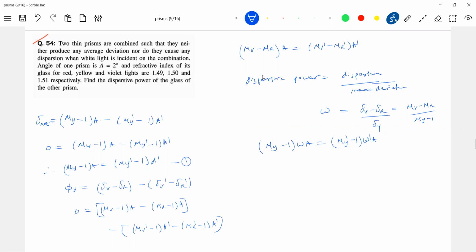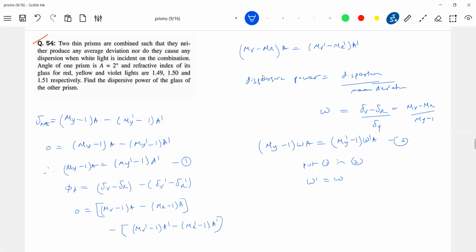And what is the net dispersion? Net dispersion is 0, no? Look at this one, equation 1. Using equation 1 in equation 2, we get omega dash equal to omega. Am I right?